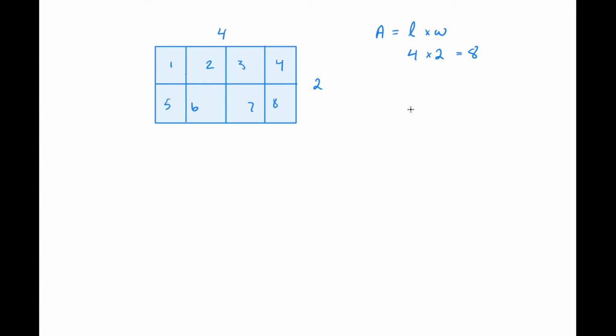So let's say this was inches. So 4 inches by 2 inches. Then we would have said 4 inches by 2 inches equals, you take your whole numbers, 4 times 2, and you say 8.